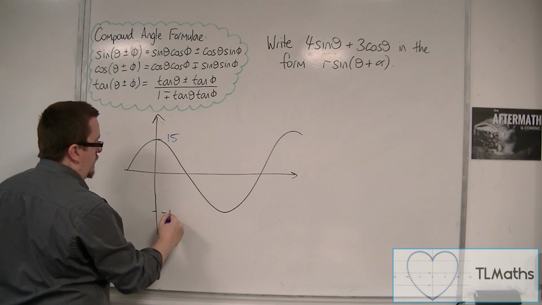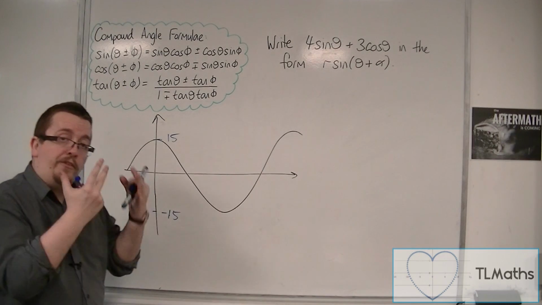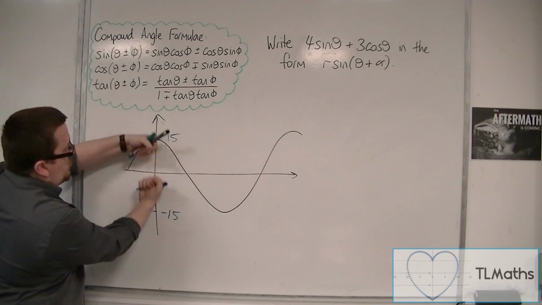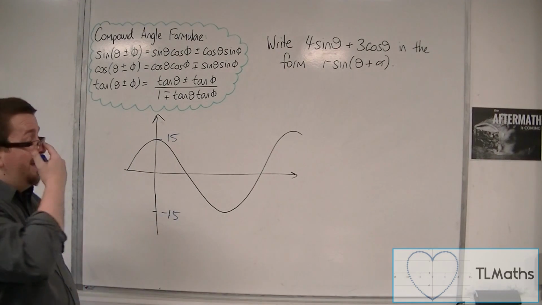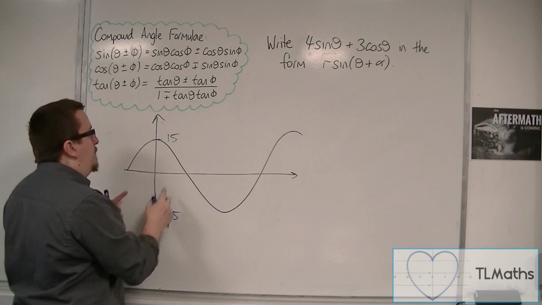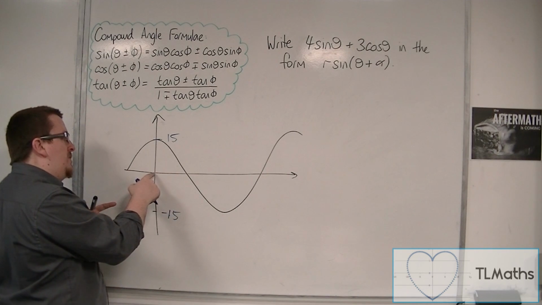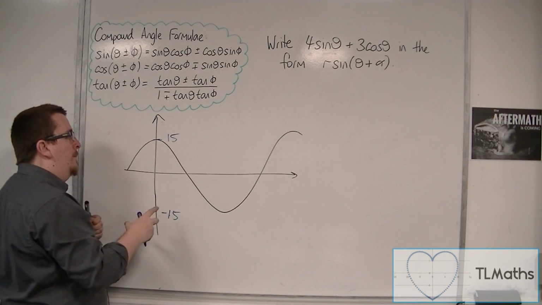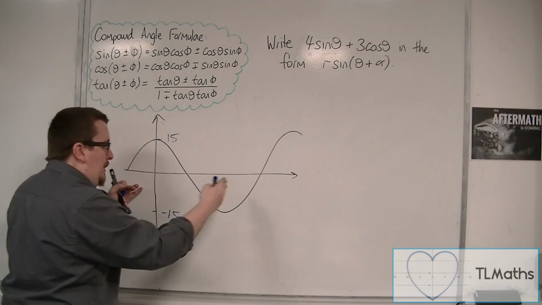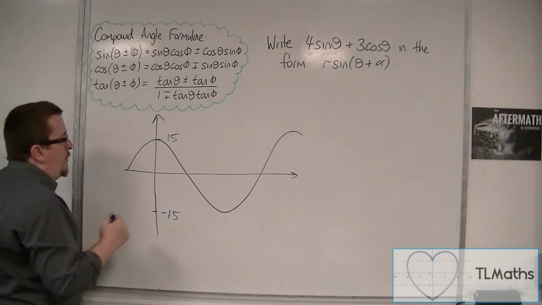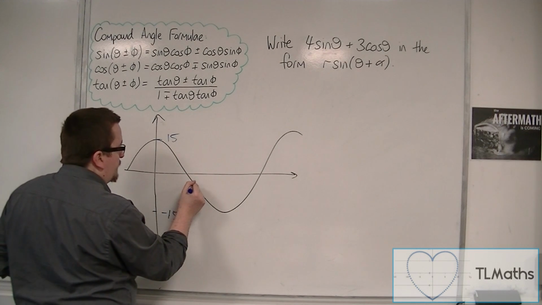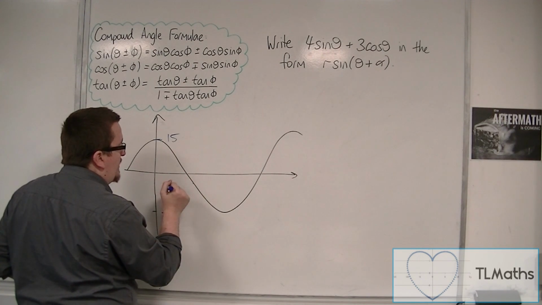So what's happened is the sine curve has been stretched parallel to the y-axis. And also, because this isn't quite sine, because it's not going through 0, 0, there's also been a translation that has happened as well.